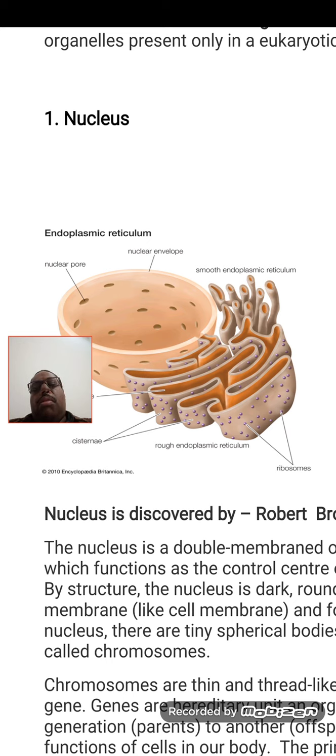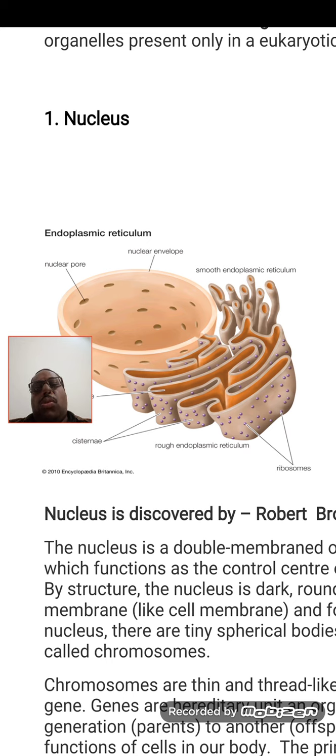This endoplasmic reticulum is very important to a cell, because it is the area where proteins are synthesized. I will make it clear. On this twisting and turning structure you can see small bead-like things, and they are ribosomes.